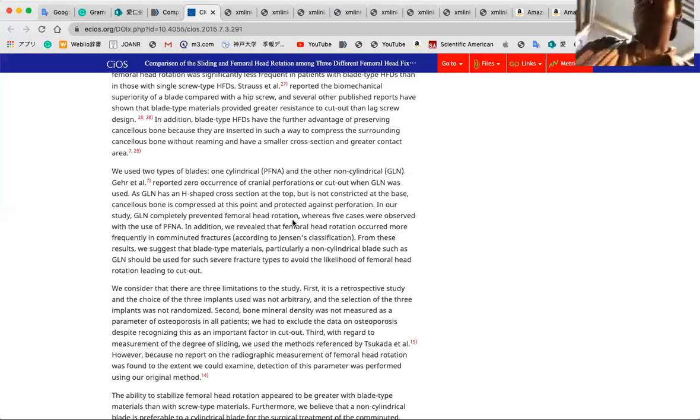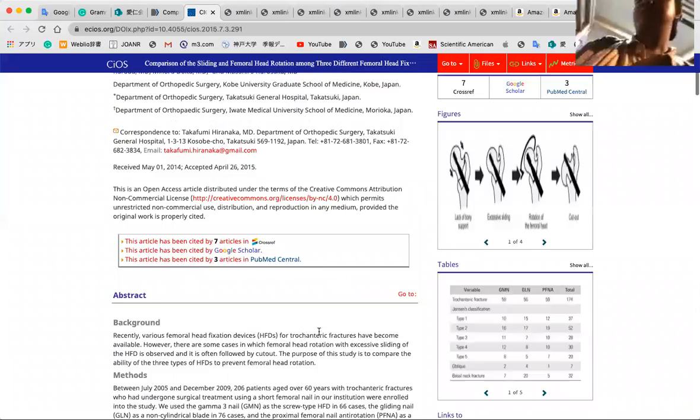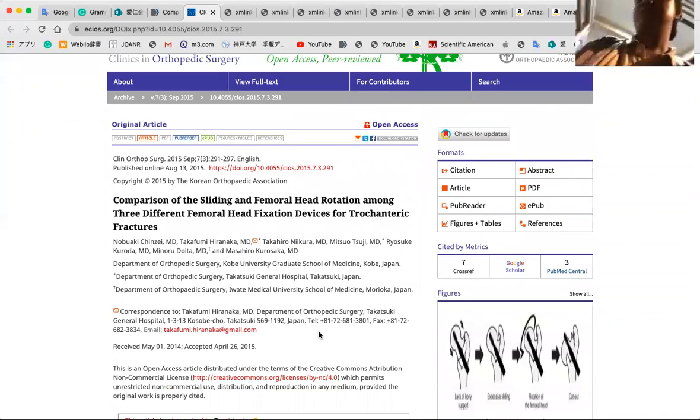But they say there is no increased risk of cutout even after locking the sliding mechanism in many types of implants. So it is very interesting. So this is our results. As I said before, in Japan, sliding length and femoral head rotation are very interesting to many surgeons.